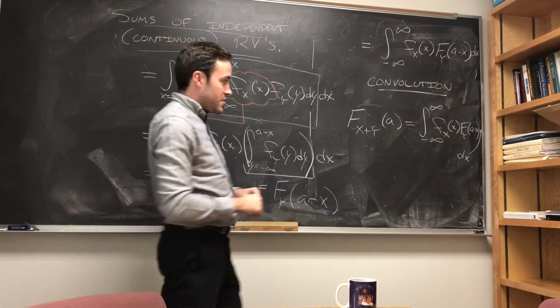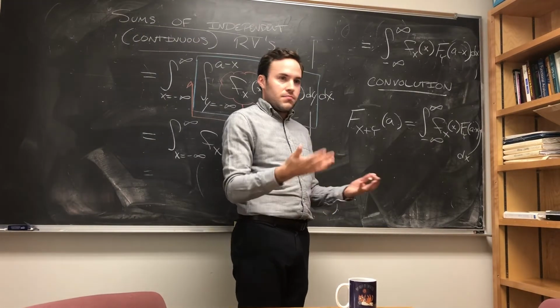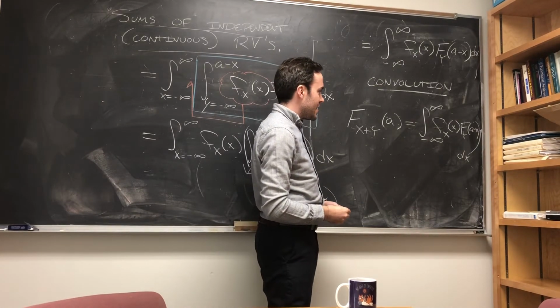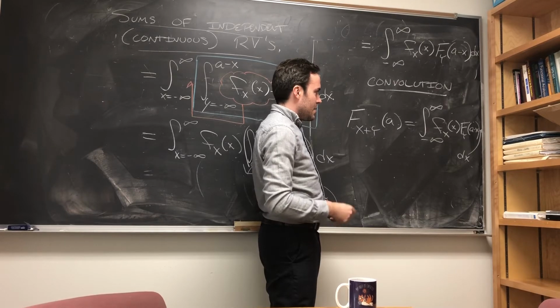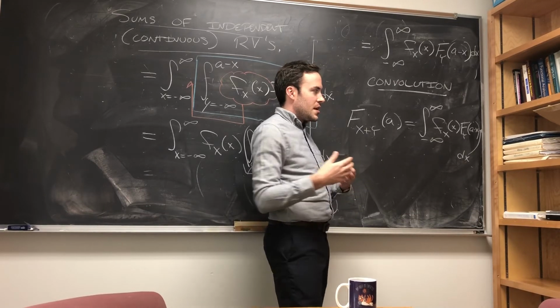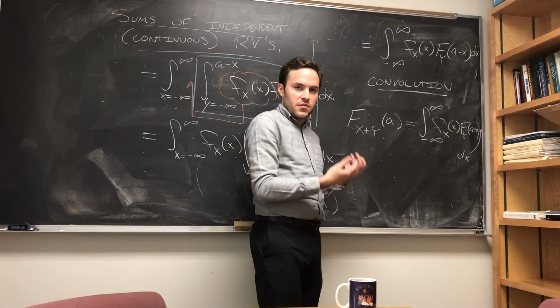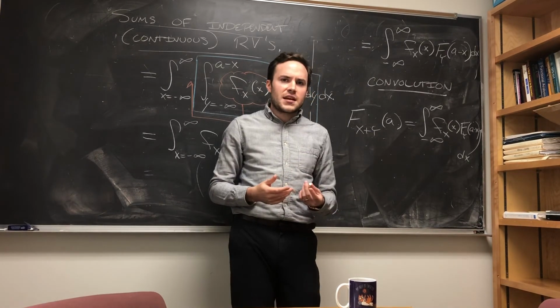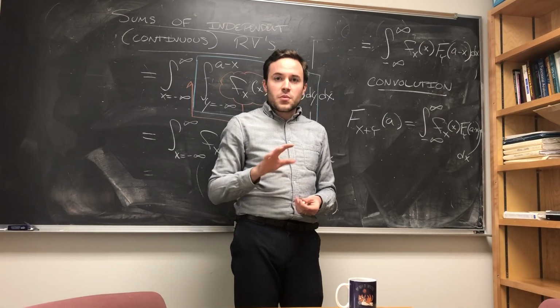So the question now is, what the heck do we do with this? How do we actually calculate anything with this, not only in a nice way to write down so that it's really clean looking, but also in a way that's convenient for us to actually calculate with by hand? So that's what we're going to talk about next.